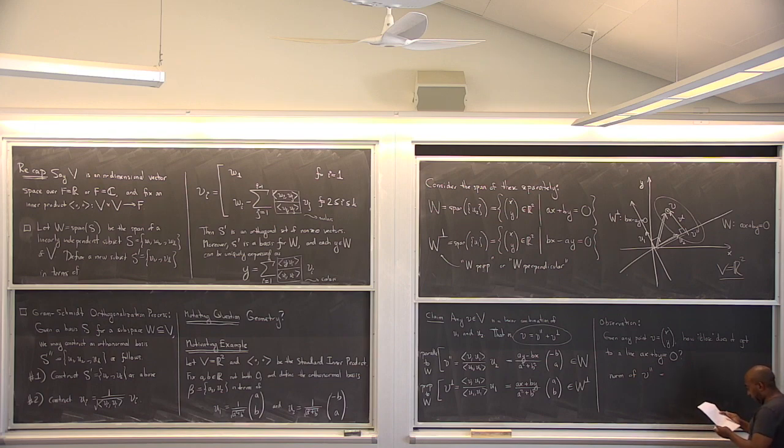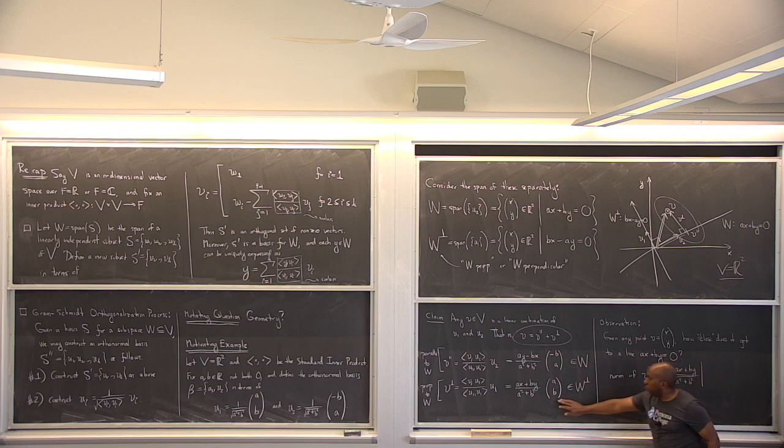And if you work this out, sorry, it should be the norm of v perpendicular, (ax plus by) over this here. Right, because again, I'm just taking the norm of v perp, and it should be this here.